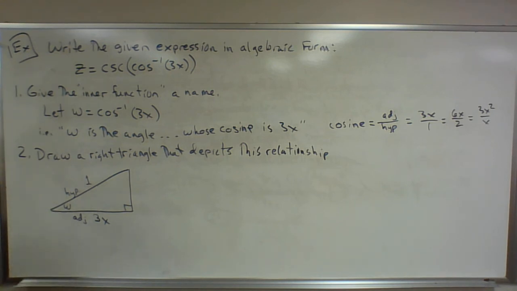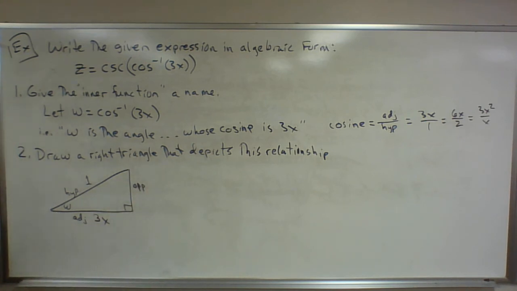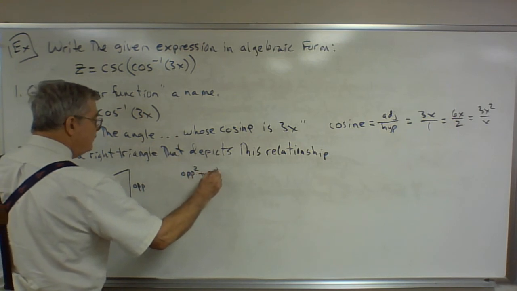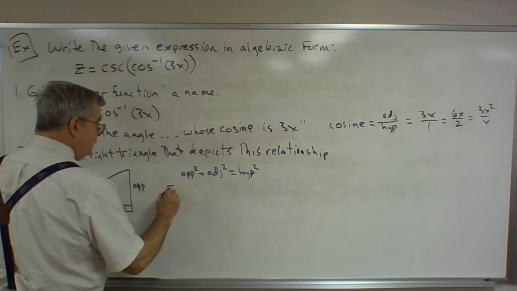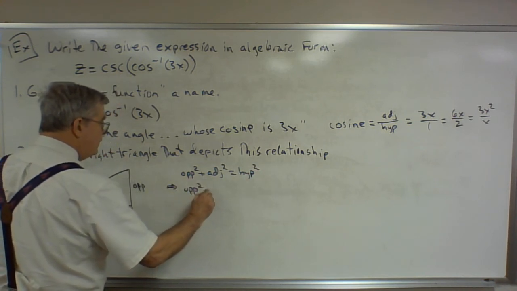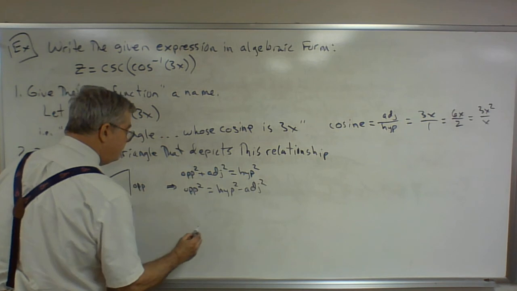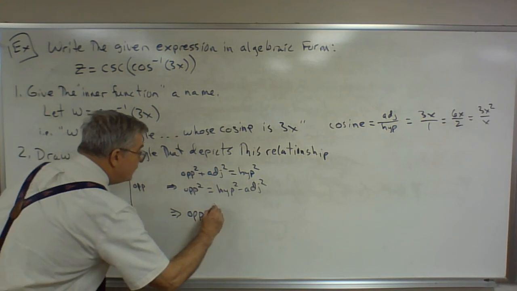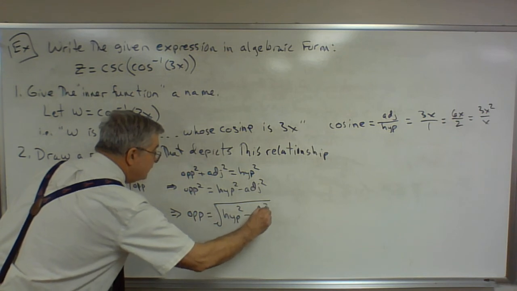So here's the adjacent, here's the hypotenuse. What don't we have? We don't have the opposite. We know that opposite squared plus adjacent squared equals hypotenuse squared. And so that means the opposite is equal to the square root of the hypotenuse squared minus the adjacent squared.